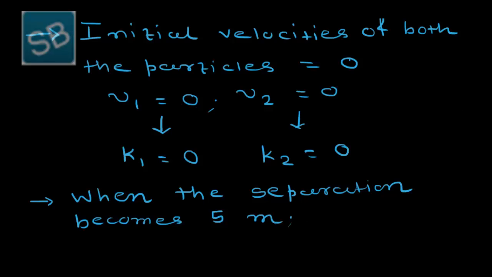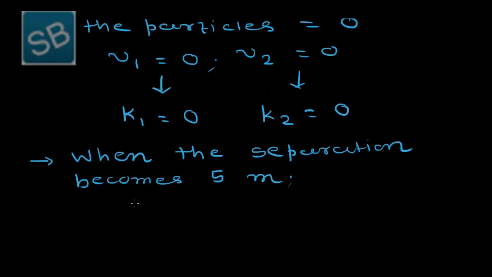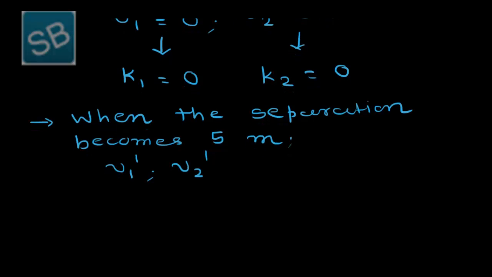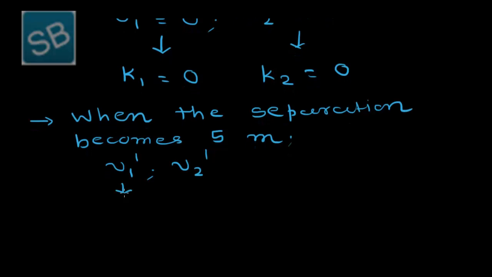Now I am assuming that when the separation becomes 5 meters, the velocities of the particles are v1 dash and v2 dash respectively, and the kinetic energies are K1 dash and K2 dash respectively.